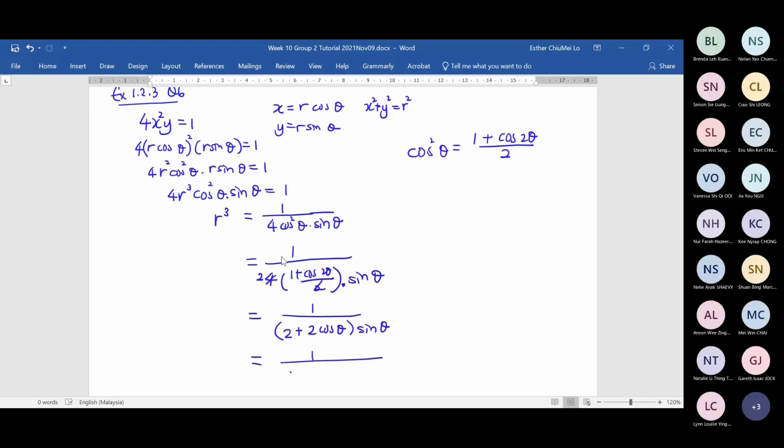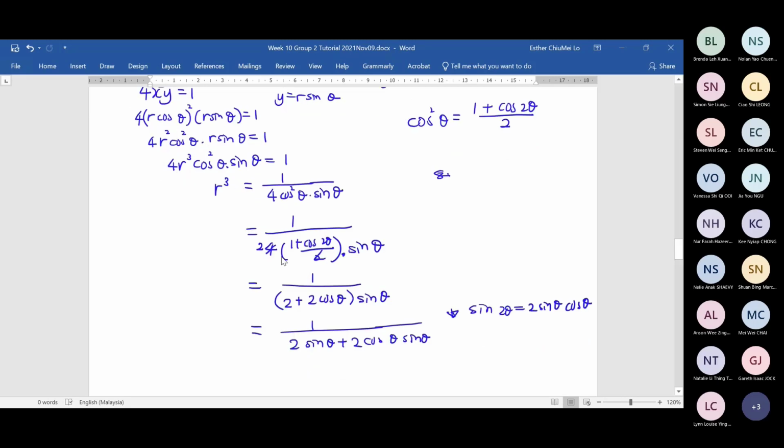If we expand, we have 2 sin theta plus 2 cos theta sin theta. Very happy if you see something like 2 sin theta cos theta here. This part is another identity, which is sin 2 theta equals 2 sin theta cos theta. So this equals your sin 2 theta.